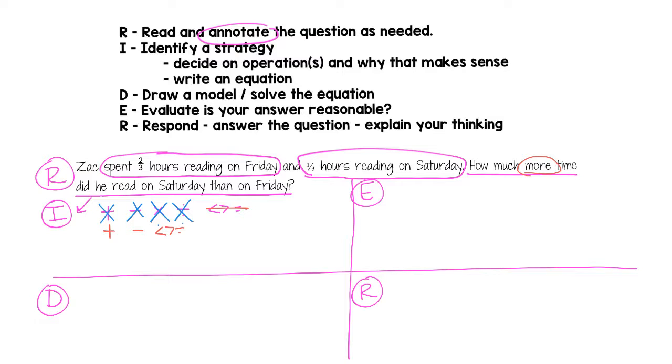No, if we put them together, that's not going to tell us that he read 3/3 more on Saturday, because he didn't read 3/3 on Saturday. If we're subtracting, if he has 2/3 hours and we take away 1/3 hour, will that tell us how much more time he read on Saturday?